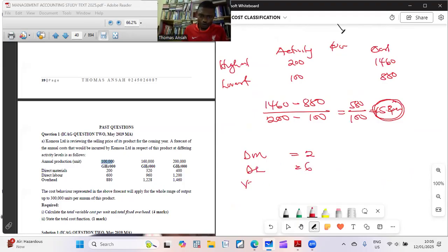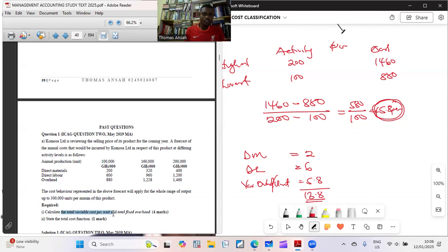So variable overheads per unit, let me write it well, per unit, 5.8. So put together 8, 5, 13.8. So I've answered the first part, total variable cost per unit. So you saw it in the cost template.